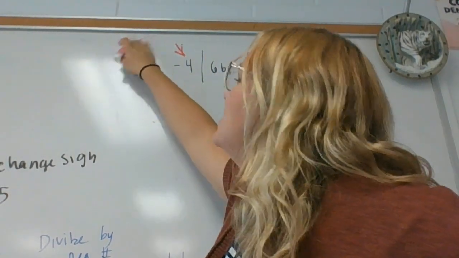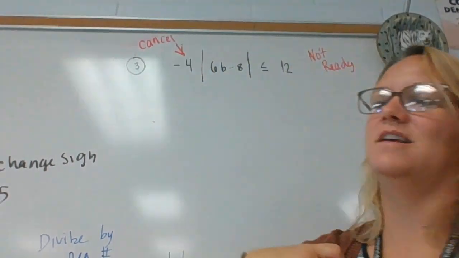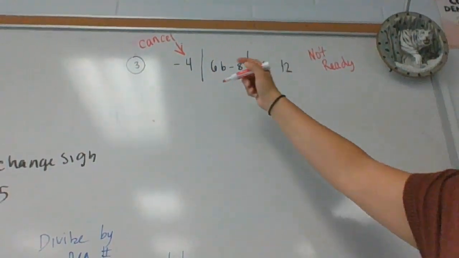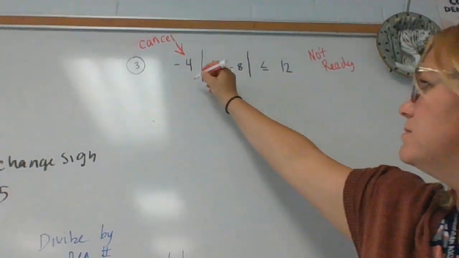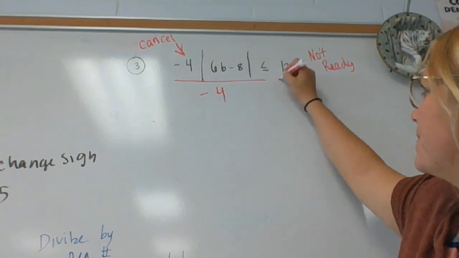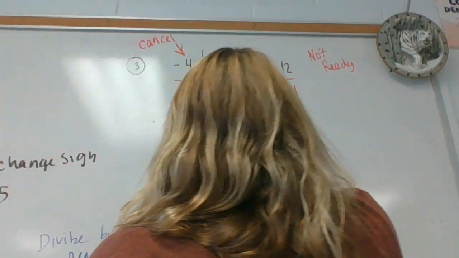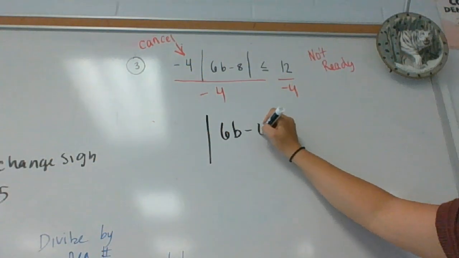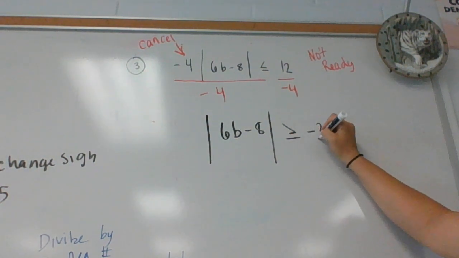I can't say move. I mean, that's what we're doing, but I can't say it. I'm gonna cancel it. Cancel that -4. So it's multiplication. You don't distribute in. Don't distribute into bars. It's multiplication. I'm gonna divide, just to get the problem ready.